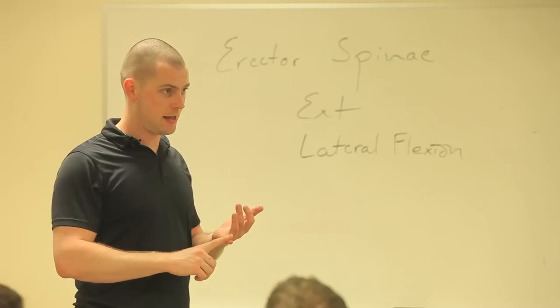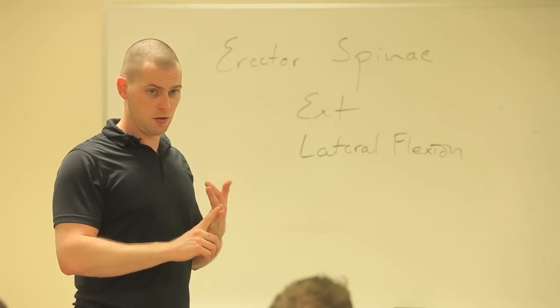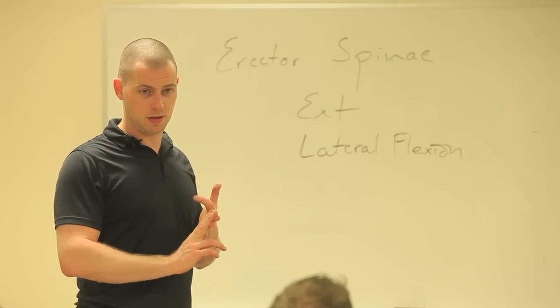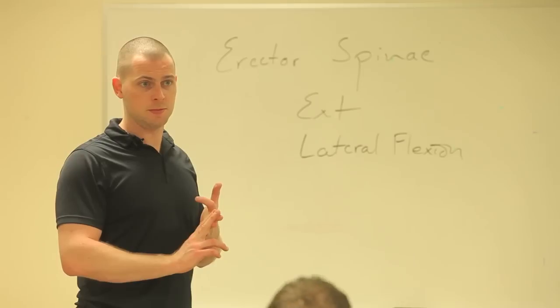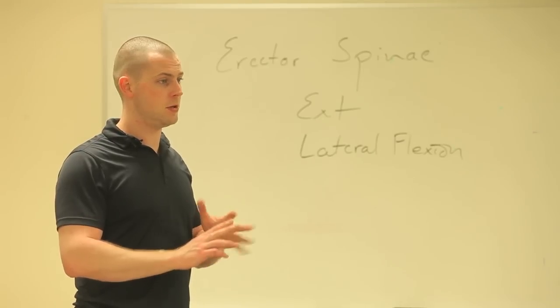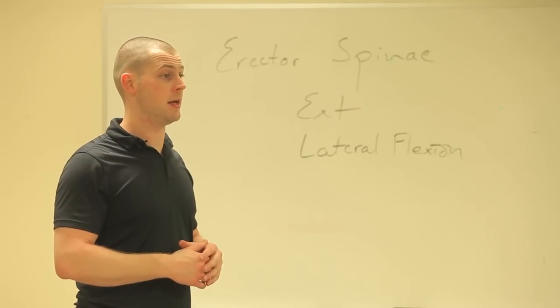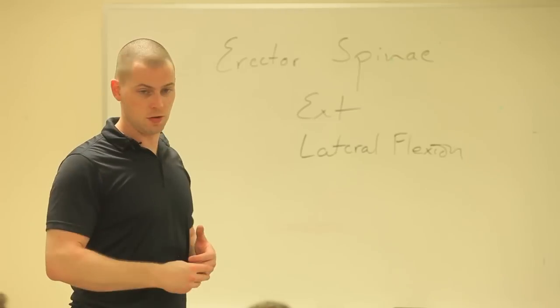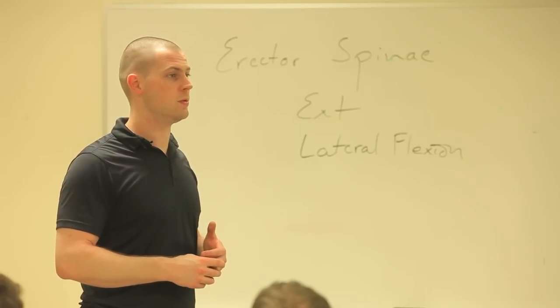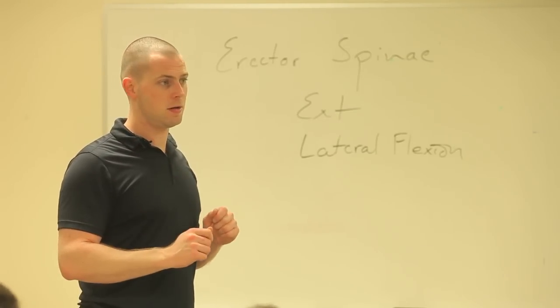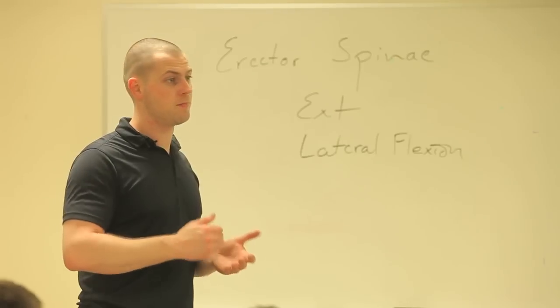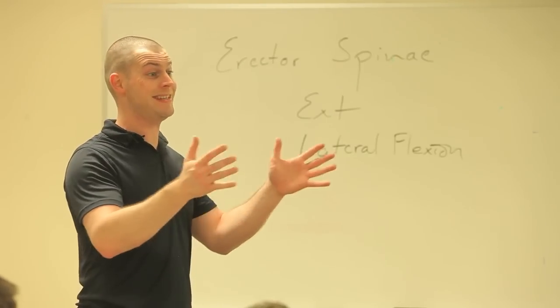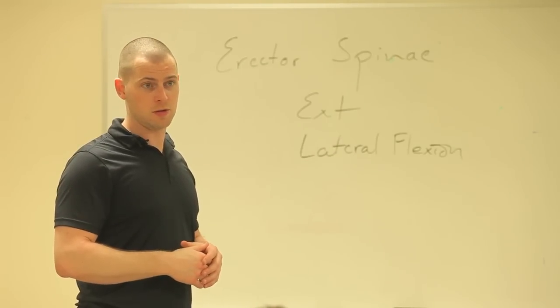So you have your spinalis, your iliocostalis, and your longissimus. At this level, we're okay calling it the Erector Spinae. Once you get into graduate school, you start tearing things apart, maybe do some cadaver work, you're going to start needing to know all of the different Erector Spinae muscles.